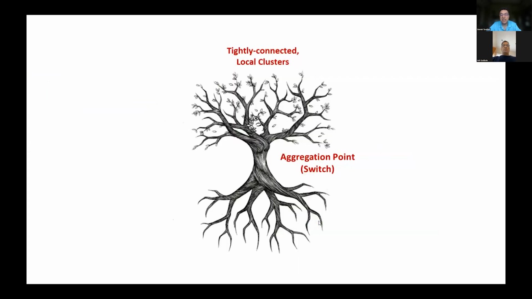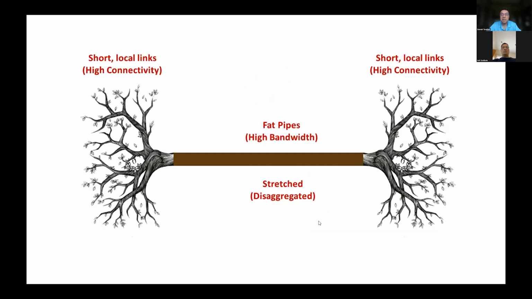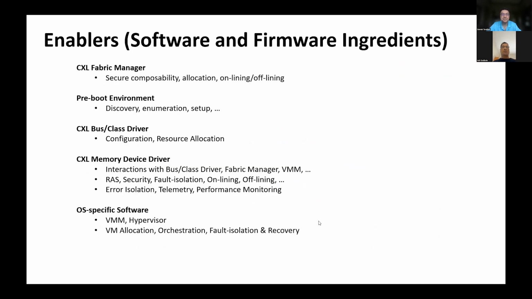And that looks like having an aggregation point using fat pipes and lots of interconnects within the individual tightly connected clusters. So efficiency on data movement can be handled using different techniques. For all of that, we need software. CXL Fabric Manager is an essential element to do the system composition.